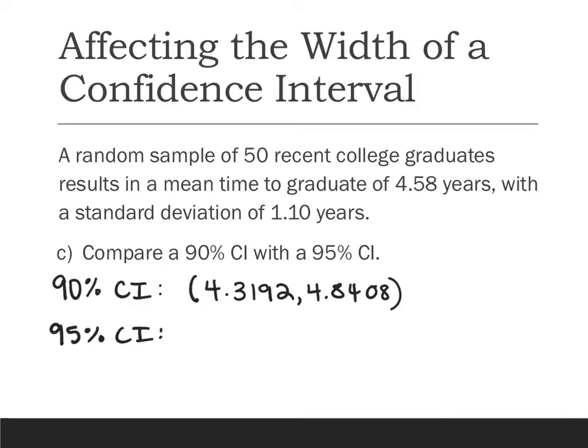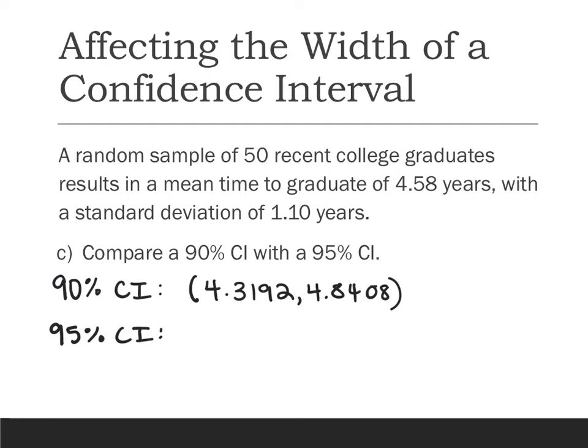All right, so this next part, we're going to use the information that we just found, this 90% confidence interval that we found on the previous page. And we're going to see what happens when I change the confidence level. I have the same information. I'm using the same sample mean, the same standard deviation. But I want to be 95% confident instead of 90% confident.